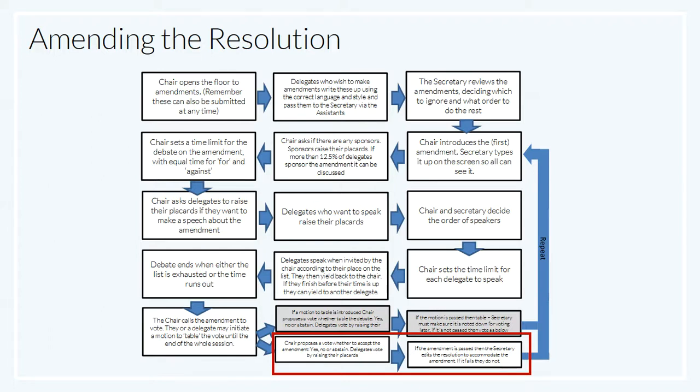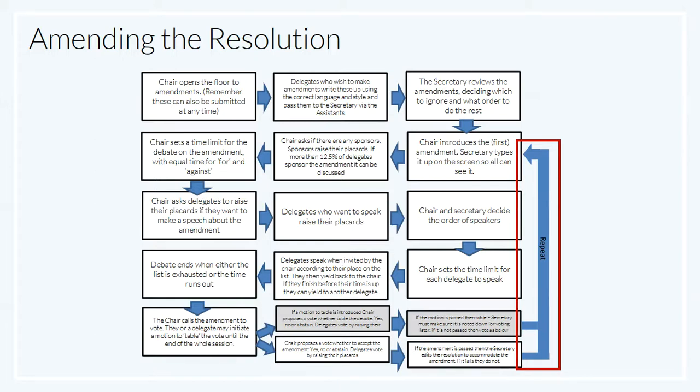Now at each stage, the chair will say, this is what we're doing now. So I would say don't stress too much if you don't really follow it here and now. If you can remember the 7 core elements: proposal, support, time limit for debate, speakers list, speech time, speeches, and vote and tabling it, you are pretty much fine.